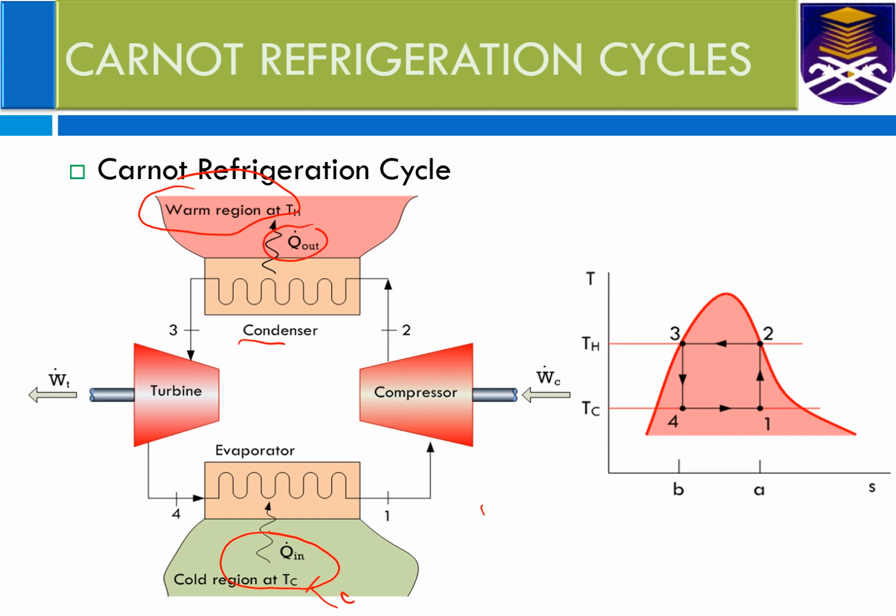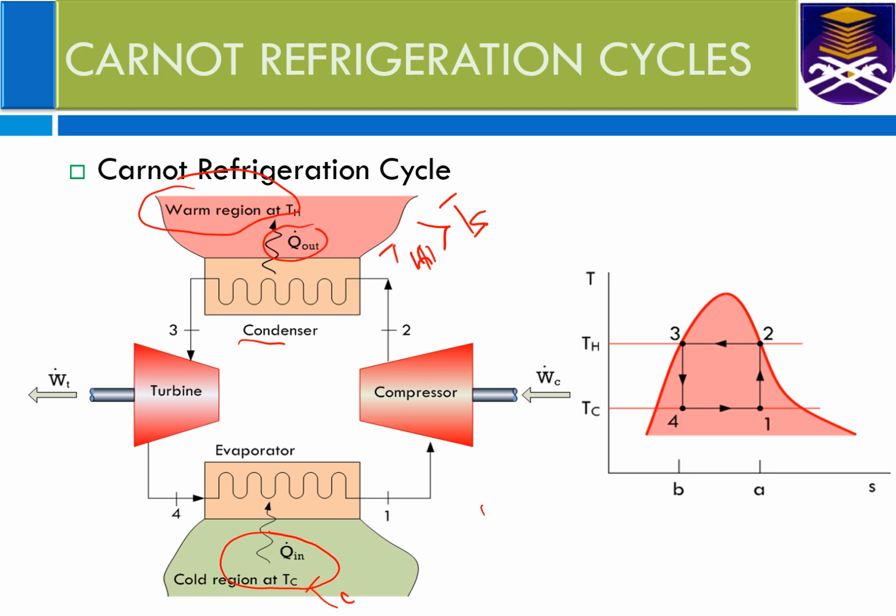The temperature of the condenser must be higher than the temperature of the surroundings, so that the heat will be rejected to the surroundings.